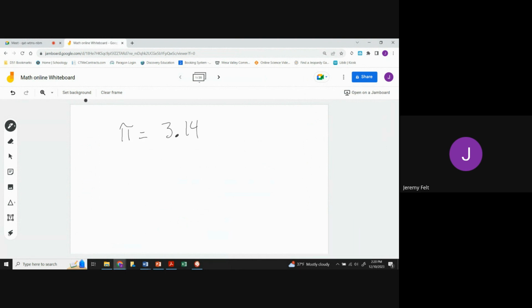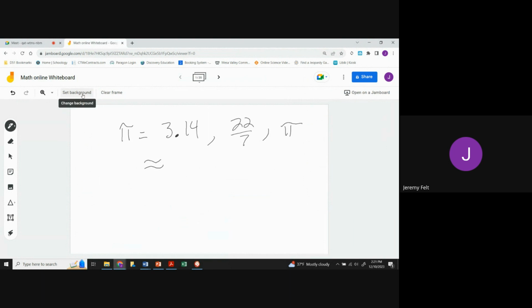It's not equal to 3.14, so sometimes you'll see these little squiggly lines indicating about or an approximation. So we can sometimes use 3.14. Sometimes we'll be told to use the 22/7 fraction, so it's still not pi, it's just a fraction rounded version of it. Or sometimes we can just leave it in terms of pi.